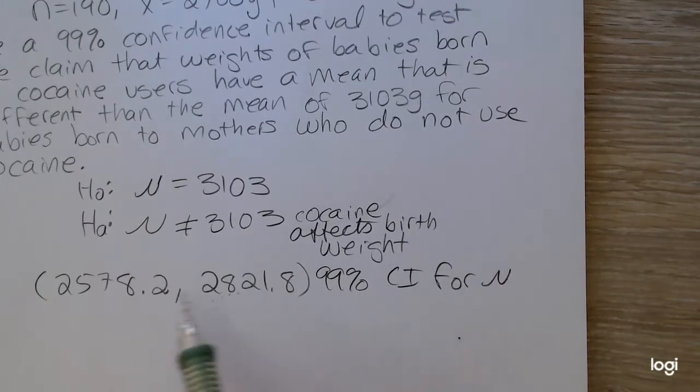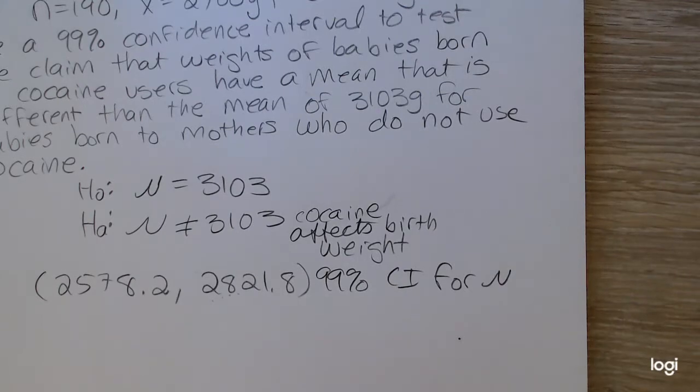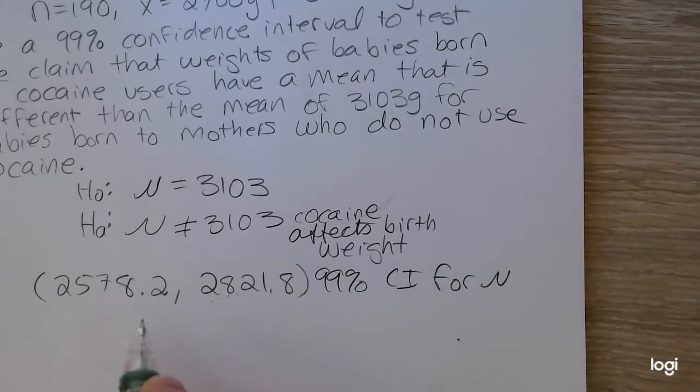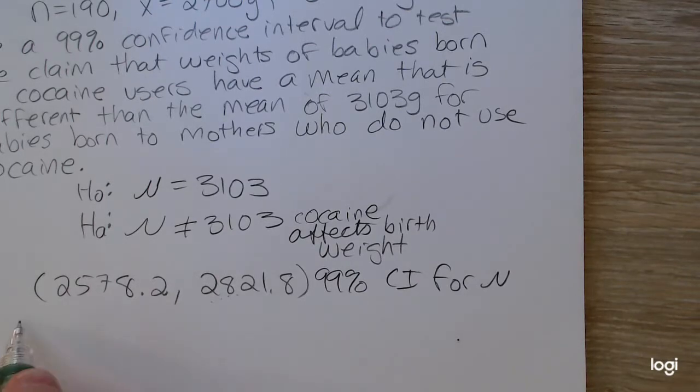And looking at this confidence interval, it appears that the average birth weight is less than that of babies of mothers who do not use cocaine. My apologies, this is a tongue twister for me today. So the decision based on the confidence interval is to reject the null.